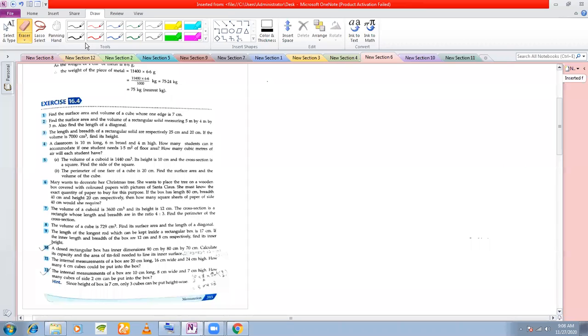The first problem that we are going to work out is number 10. Because most of the problems we had worked out in class 8, I'll be skipping the type that we have already done in class 8. So number 10, a closed rectangular box has inner dimensions 90 centimeter by 80 centimeter by 70 centimeter. So what are the inner dimensions?